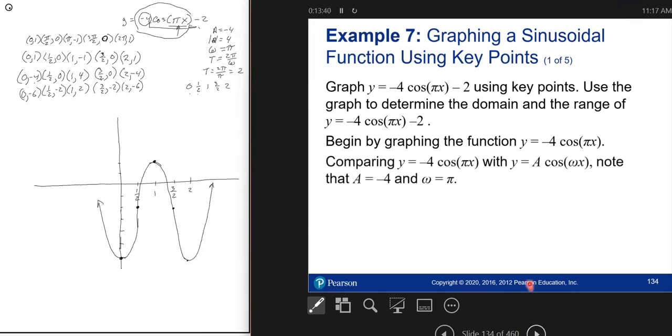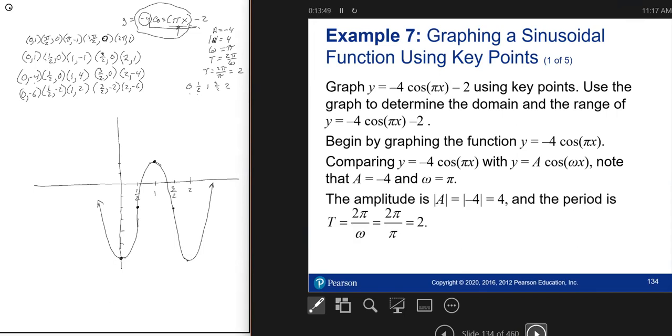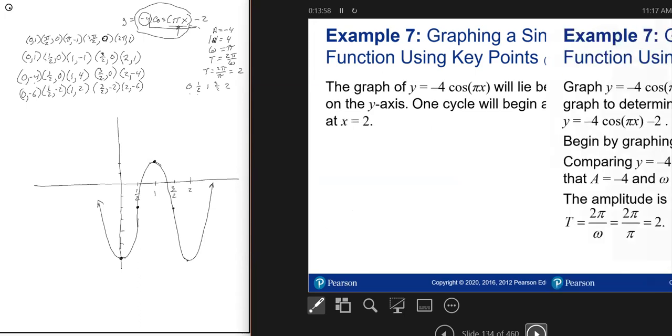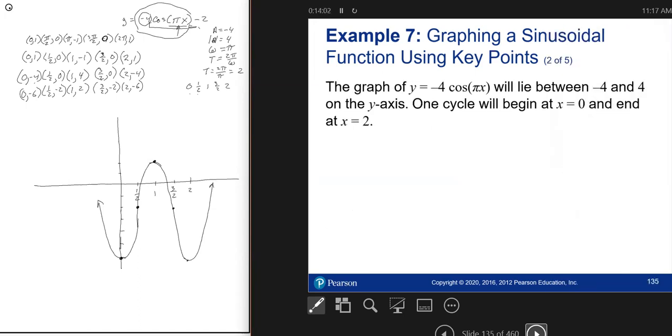So the textbook, they identify alpha, they identify A and omega, and determine what the amplitude is and what the period is from those two values. And then they're looking at the negative cosine, the -4 cosine pi theta, will begin its cycle at 0 and end at 2.